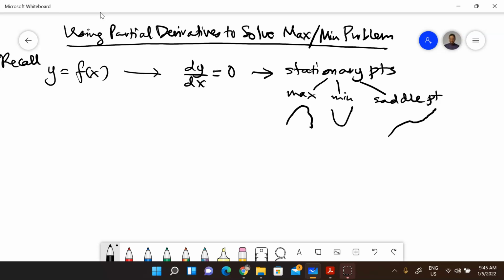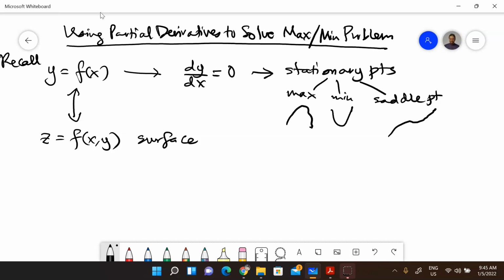Again, we want to generalize this in a much more general setting. Remember how we do this is to go from a single variable function to a multiple variable function. So in this case, let's consider this one, for example. We can think of this as a surface. So what would be the equivalent problem over here?